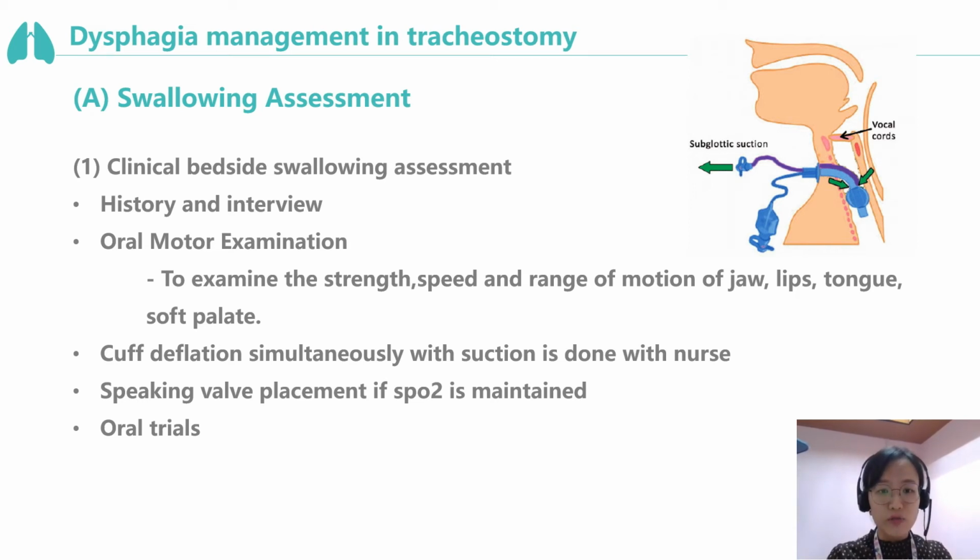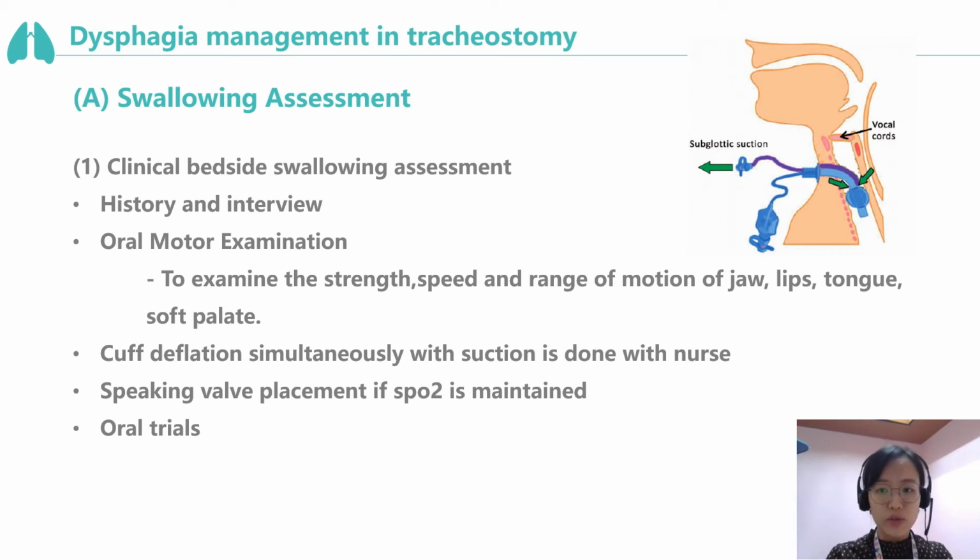If we think that this patient is fit for oral trial, we need to deflate the cuff. Cuff deflation simultaneously with suction is done with the nurse, because we assume that the secretion pools above the cuff.